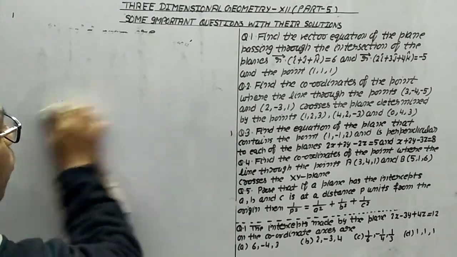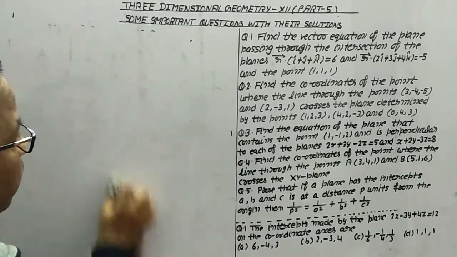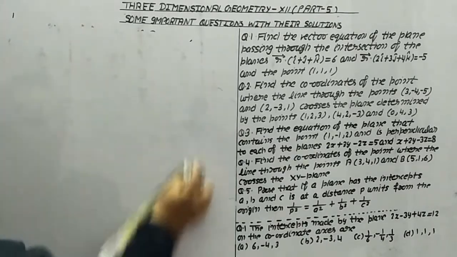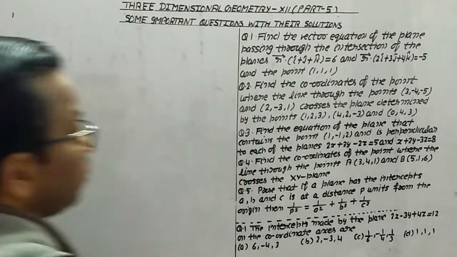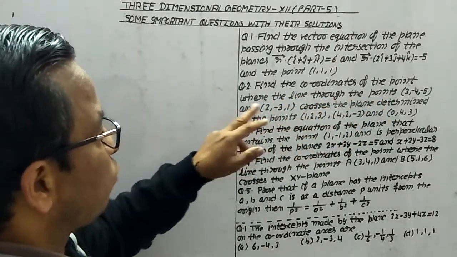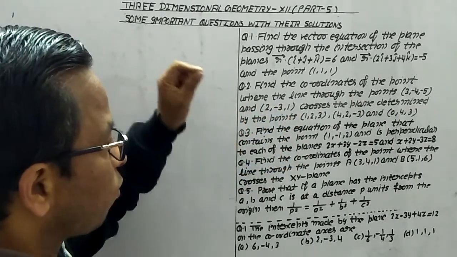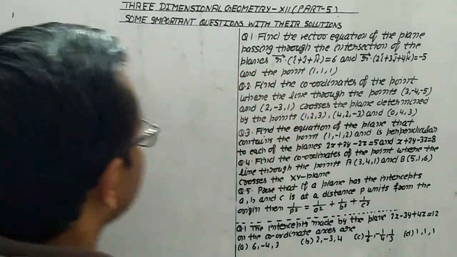We have to find the coordinates of the point where the line through the points crosses the plane determined by the points. It means we have a line which passes through the points (3, -4, -5) and (2, -3, 1), and we have to find the coordinates of the point where this line crosses the plane determined by the points.